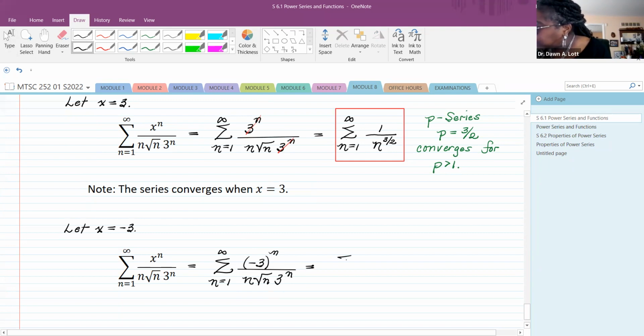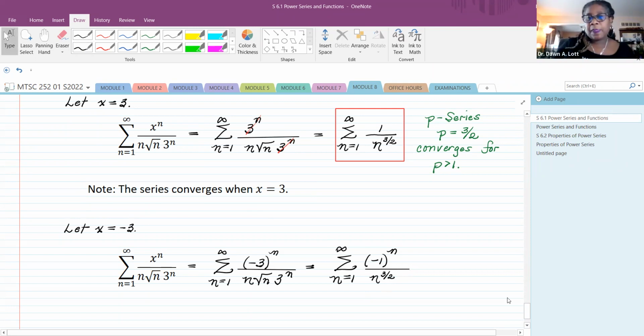The 3 to the n's are going to cancel, but the (-1) to the n remains. So now I'm just going to get n to the 3/2.